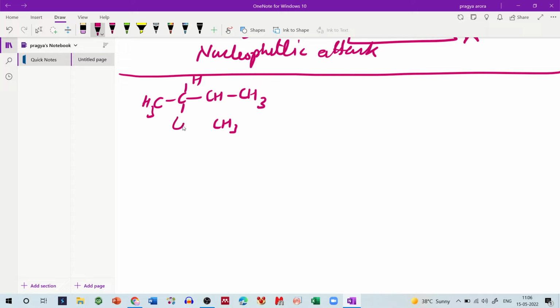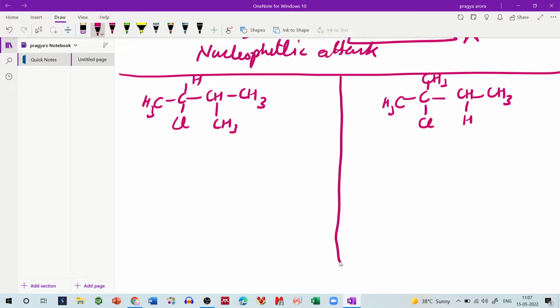So let's say you have this halide, and the other halide that you have is CH3, C, CH3, Cl, CH, CH3. These are the two alkyl halides you have.